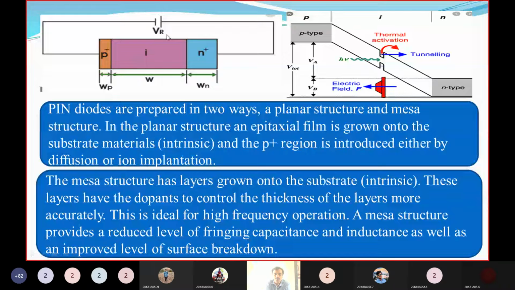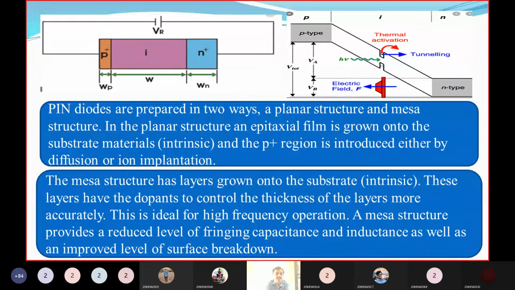Compared to the PN diode, what is the advantage here? The area of the intrinsic region is more. That's why it captures more light. It is very sensitive, so even less intensity light is captured, as well as a huge amount of light at a time, because the captured area is high.